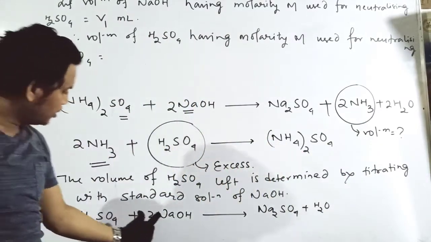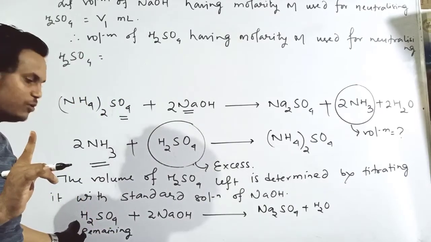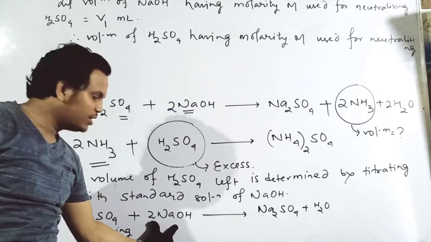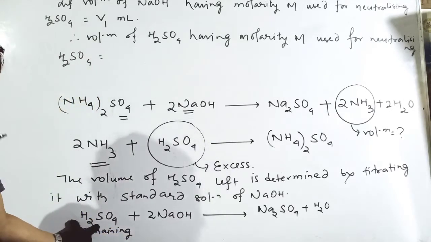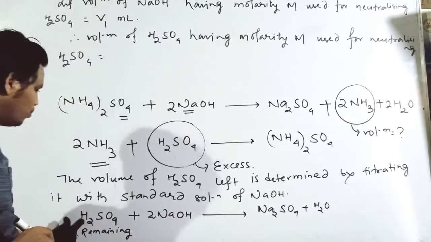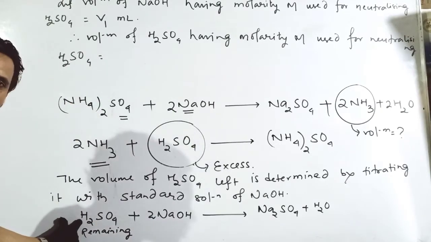Now see, 2 moles of NaOH are neutralized by 1 mole of sulfuric acid. So for 2, 1 is required. So for V1, V1 by 2 is required.